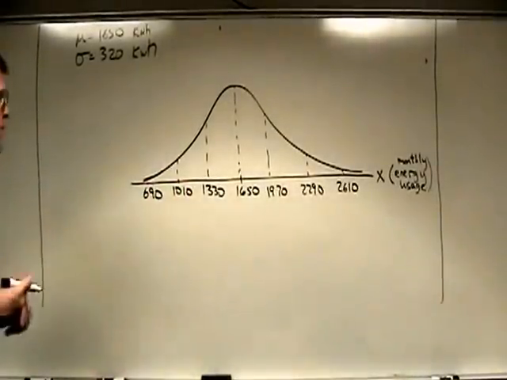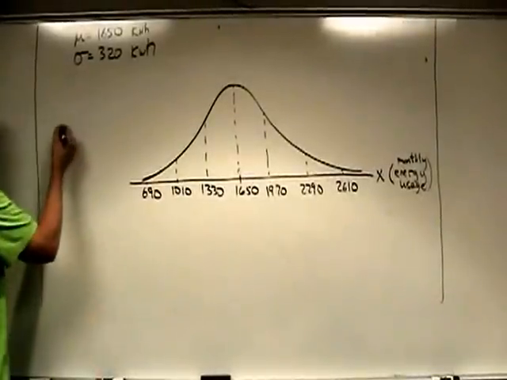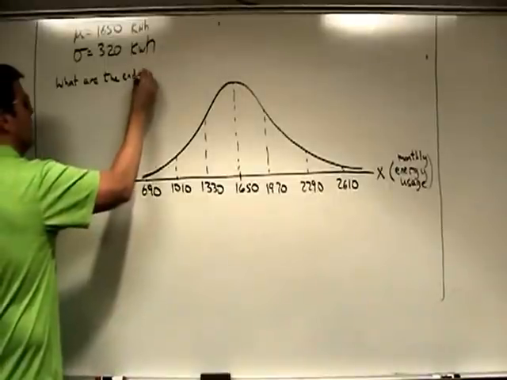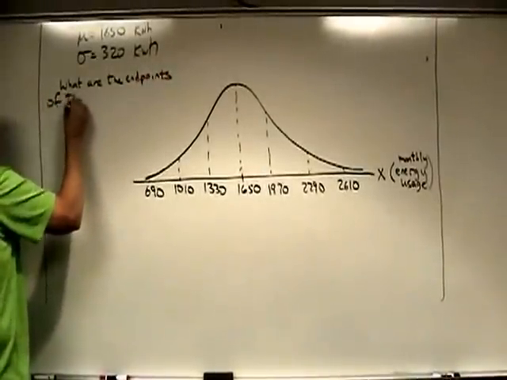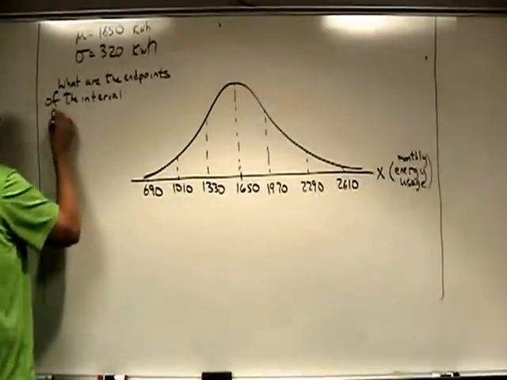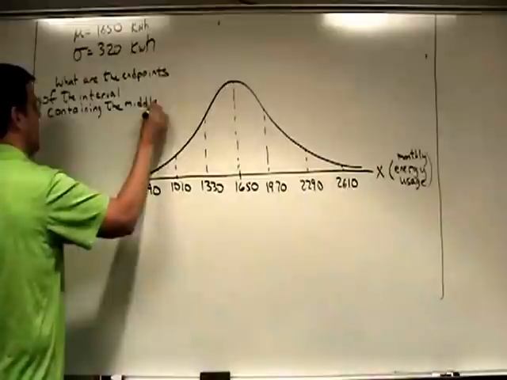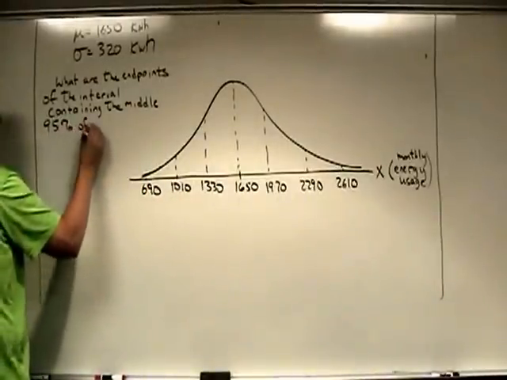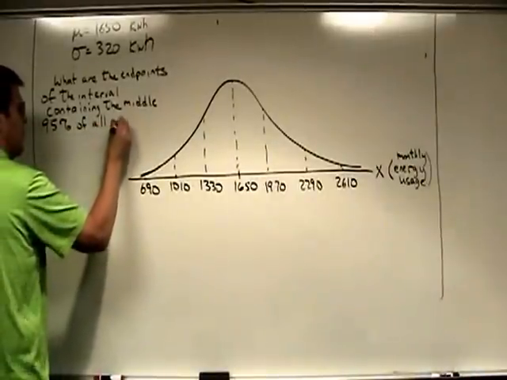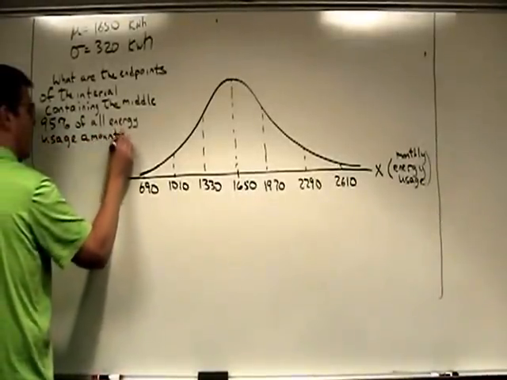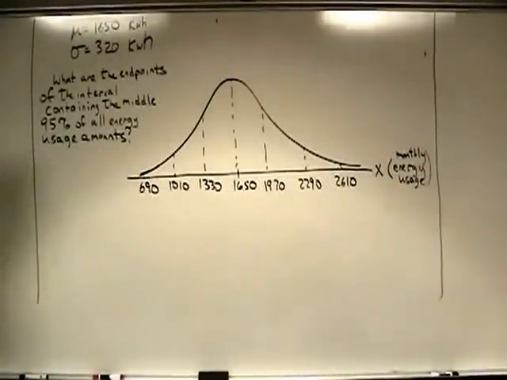So, using the empirical rule here, if the question were asked, what are the endpoints of the interval containing the middle 95% of all energy usage amounts, the empirical rule says that the middle 95% is covered over 2 standard deviations above and below the mean.